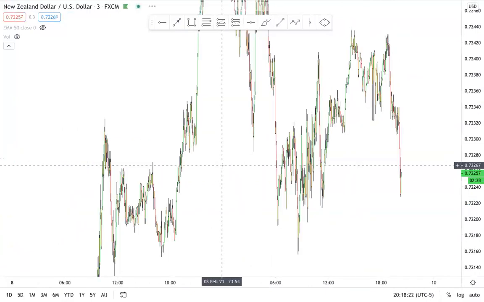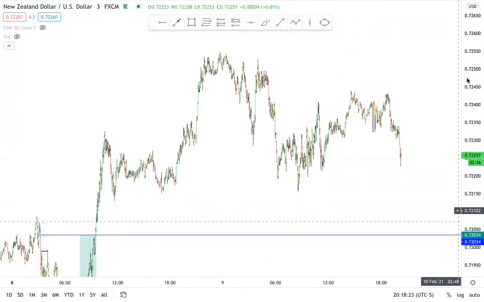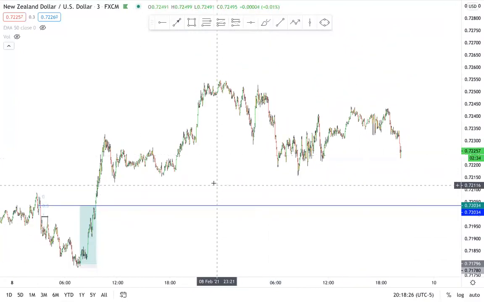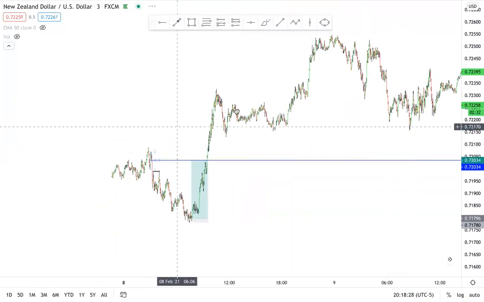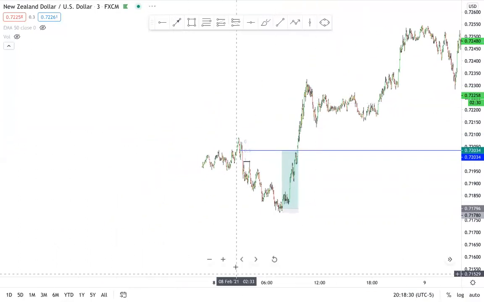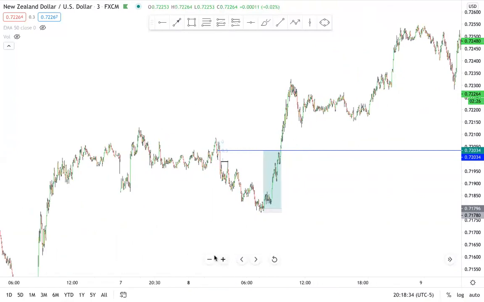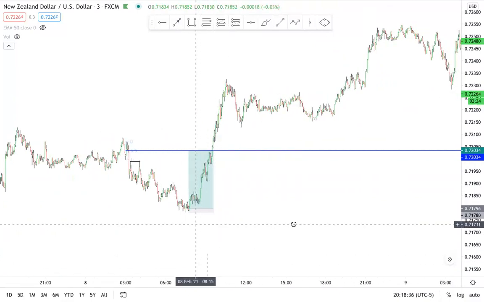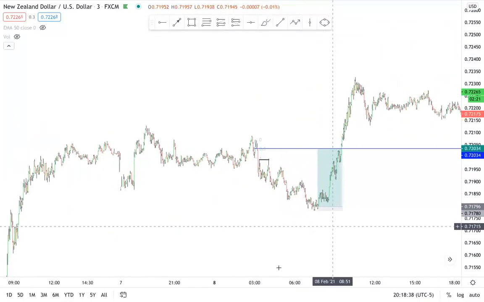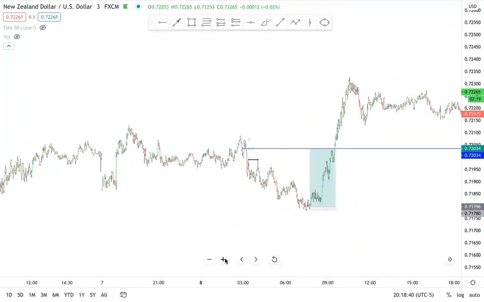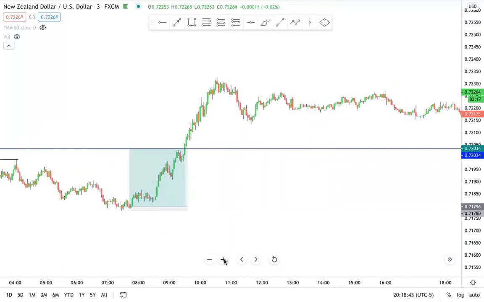This was a very, very, very small time frame trade. So if I zoom in to price, I can show you all the entry.